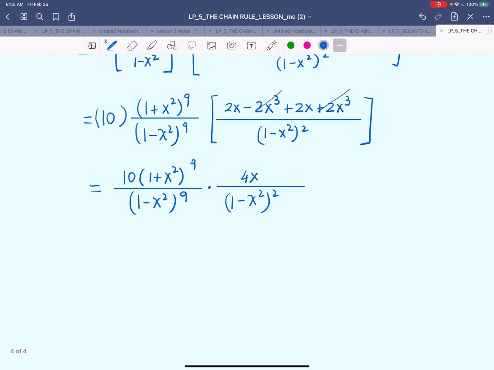As you can see here, we have 1 minus x squared, power 2 and power 9 together will combine to make a power of 11. So 1 minus x squared, power 11. And here we have 10 and 4x, 40x, 1 plus x squared to the power of 9. And this is the answer.